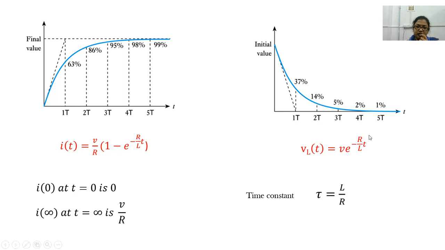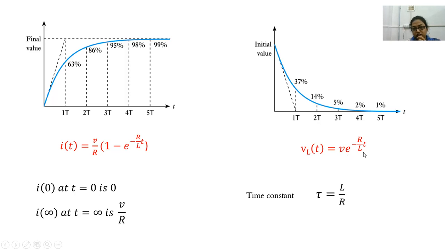Do the derivative of i(t) and you will get this expression: V into e to the power minus R by L into t. If you draw it, you will find this graph, which is a decaying exponential graph.